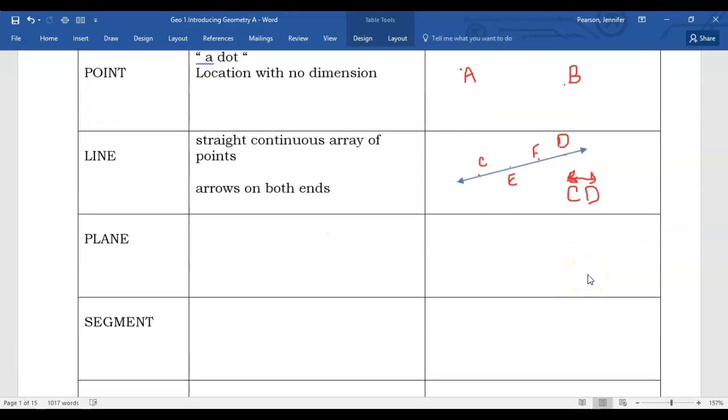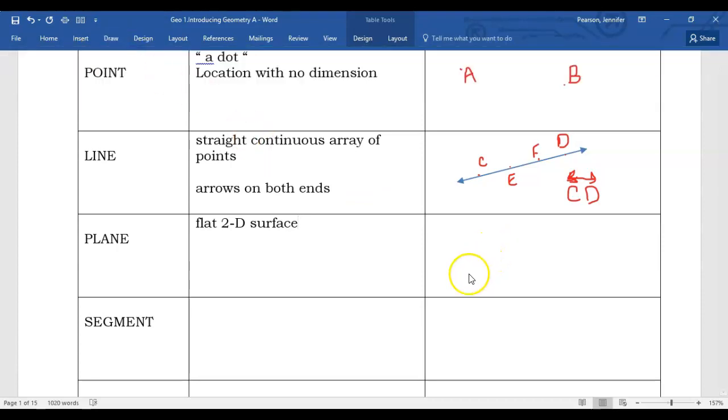Next is plane. A plane is a flat, two-dimensional surface. The way that we represent planes in geometry when we're drawing them is usually we use almost like a parallelogram.